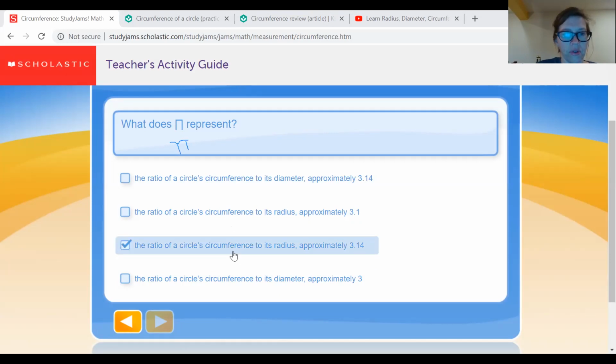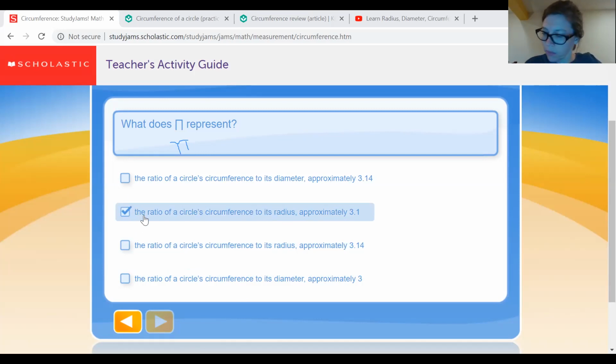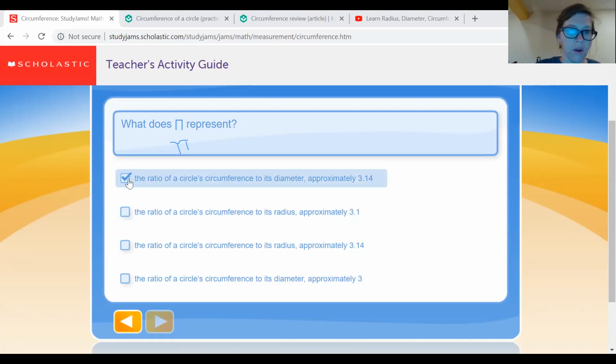C, the ratio of a circle's circumference to its radius, approximately 3.14. Or D, the ratio of a circle's circumference to its diameter, approximately 3. All right, so you go ahead and choose what you think is the correct answer. All right, I'm going to go with A.